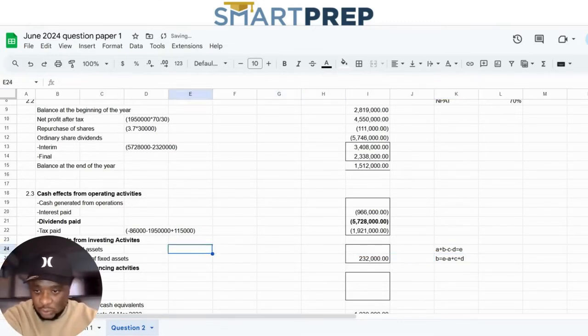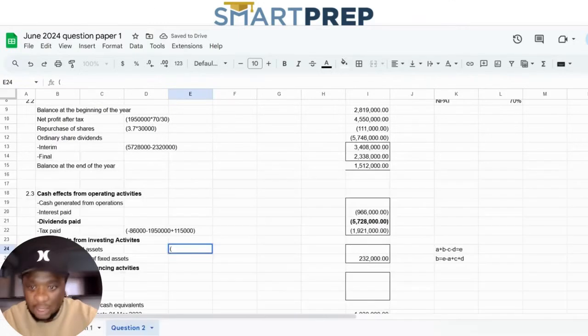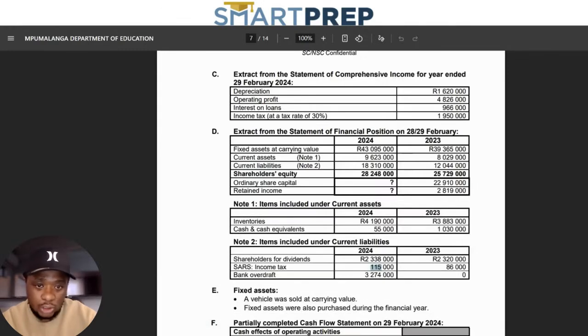So let's do that. So the balance at the beginning for fixed assets, let's go and find it. So fixed assets at carrying value, 39,365,000. Okay, cool. I think I've done this wrong.